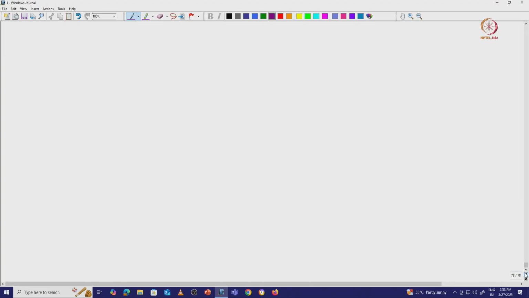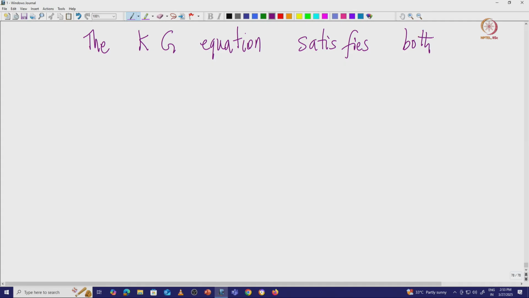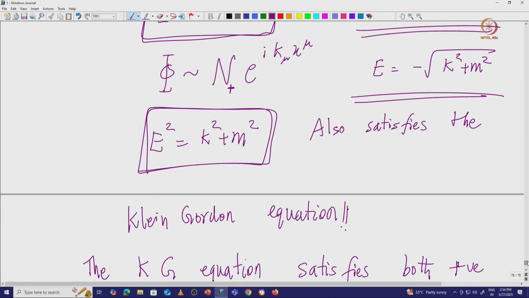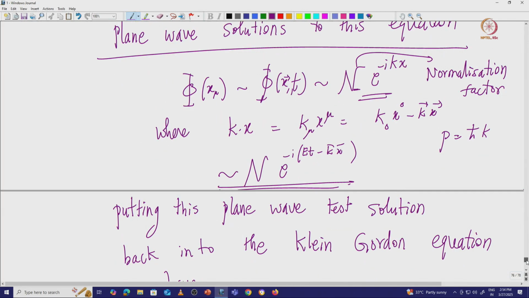So, the Klein-Gordon equation satisfies both positive energy and negative energy solutions in the same manner.